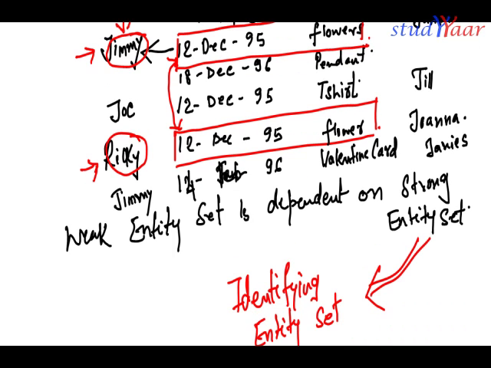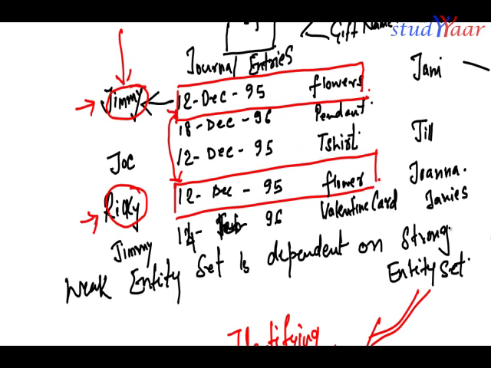Now let's just realize here that there are two entries of Jimmy, but they have different journal entries. One is describing that on 12th December 95 he gave flowers to Janie, and the other is describing that on 14th February 96 he has given a Valentine card to Janie.